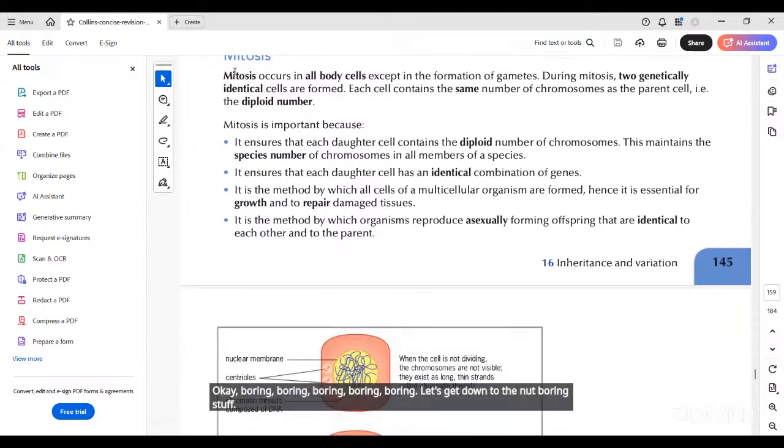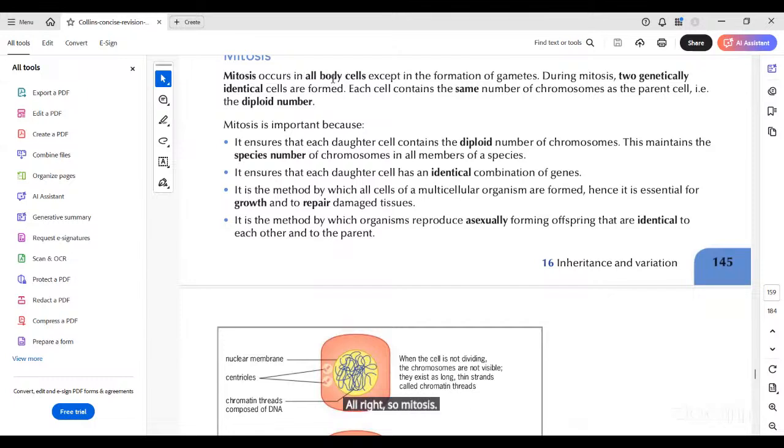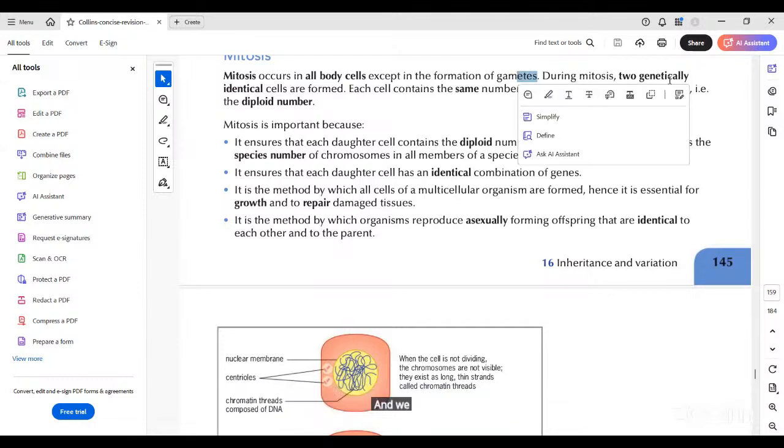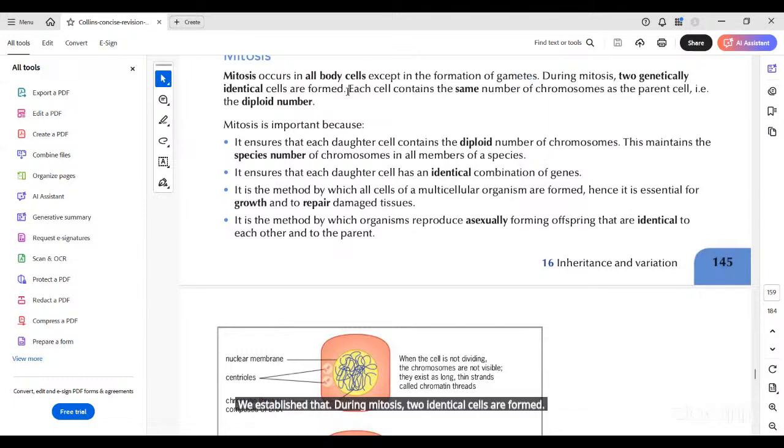All right, so mitosis, as we said, occurs in all body cells except for the formation of gametes. During mitosis, two genetically identical cells are formed. Each cell contains the same number of chromosomes as the parent cell, and we call that diploid.